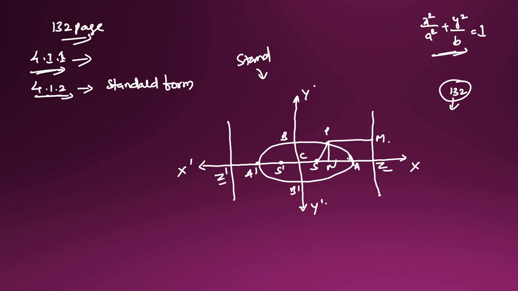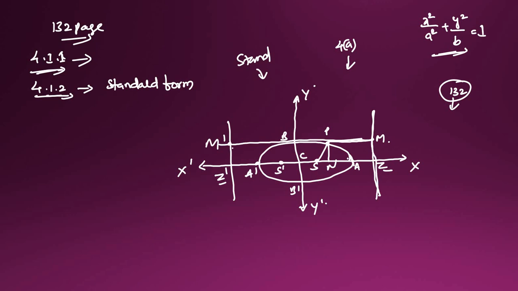We are going to find the solutions of 4A with this standard form only. In the textbook you will see one line drawn, a straight line, from M dash to M. This M dash is perpendicular to this directrix.